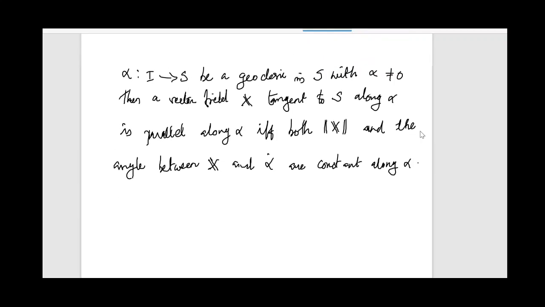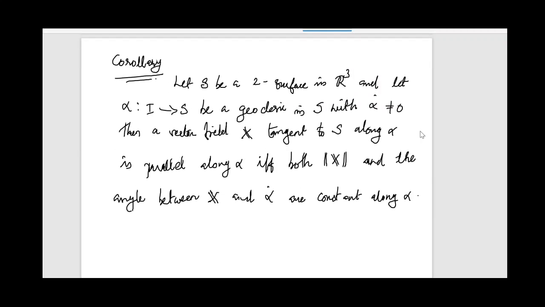So what does this corollary say? S is a two-surface in R^3, and let alpha from I to S be a geodesic in S. Geodesic means its acceleration is always orthogonal to the surface at every point.